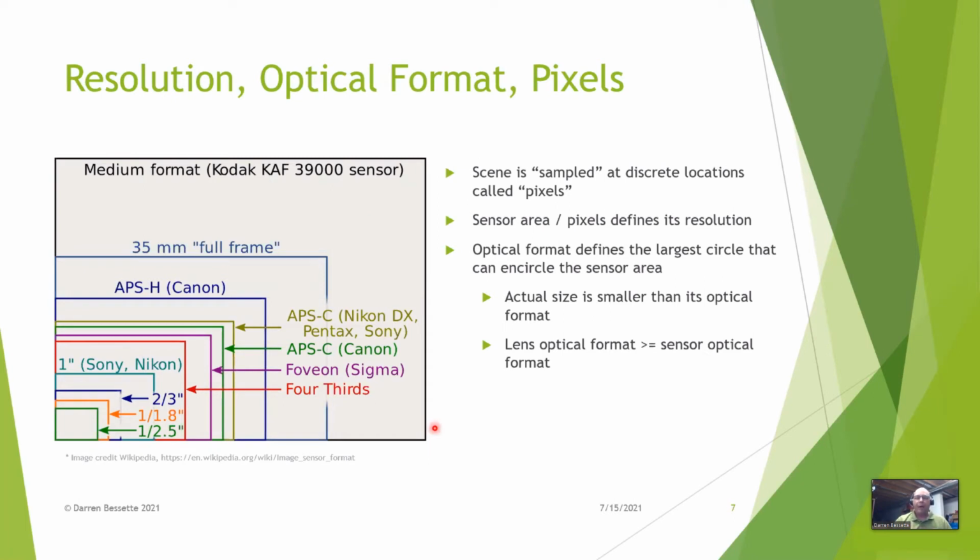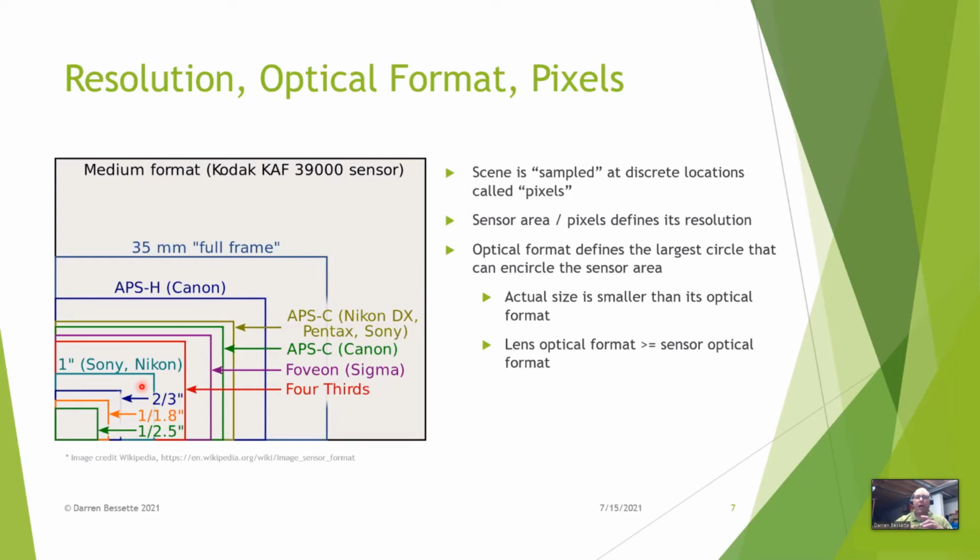The key thing to keep in mind when it comes to resolution and optical formats is that the optical format, when we talk about an inch or 2/3 inch or larger, relates to the old days when you used to have tube cameras. The tube itself was fairly large and the sensor was inside that tube.